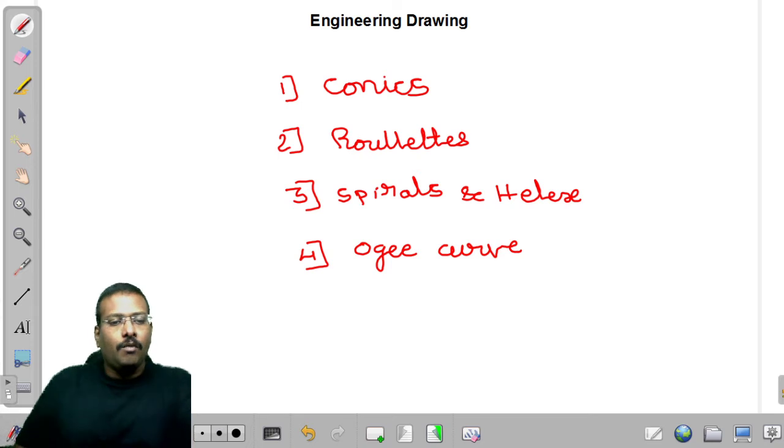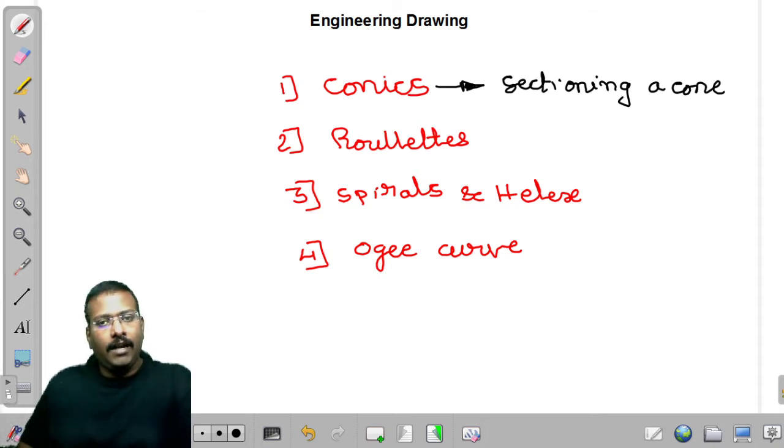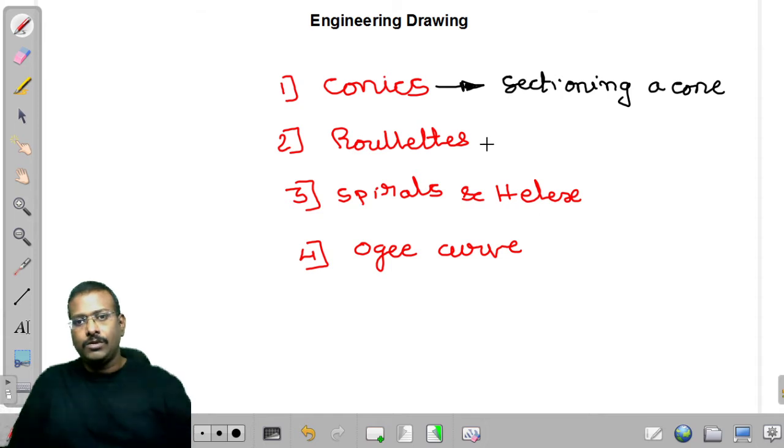And here, what is the significance of one over the other? Conics are going to be obtained by sectioning a cone. And what all are the various conics? And when we are going to get that particular type of conics, we'll discuss in the coming videos.